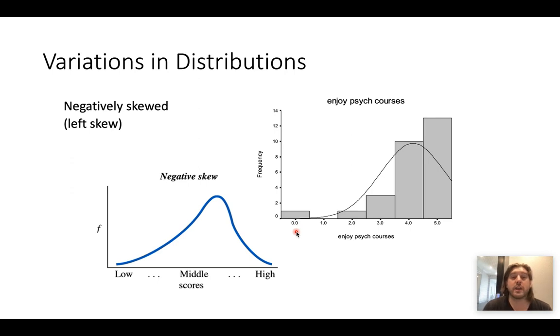And there are a few ways that we describe these distributions. This distribution is what we call negatively skewed, meaning that there are lots of data on the high end of the measure and very little data on the low end. We call it negative skew because these lower values, the ones approaching the negative end, are skewing the data, right?